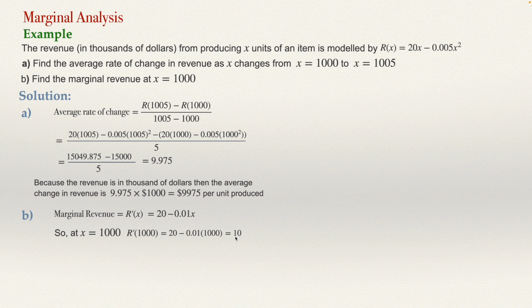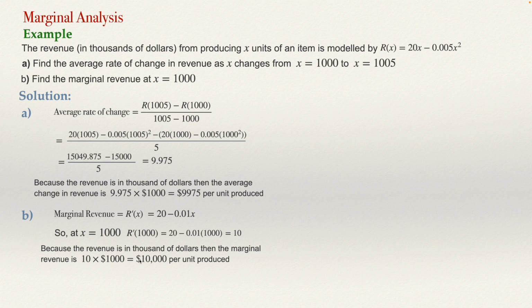But the revenue is in thousands of dollars, so the revenue is changing $10,000 per unit sold at that point when the units produced are 1000. Because the revenue is in thousands of dollars, we multiply by 1000. So we have 10,000 per unit produced. And this is the solution, working by hand.